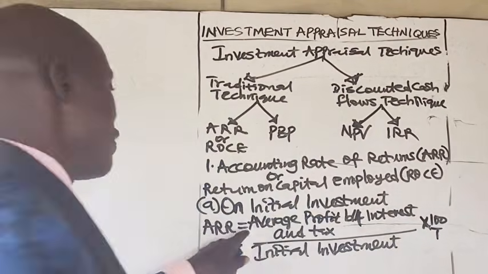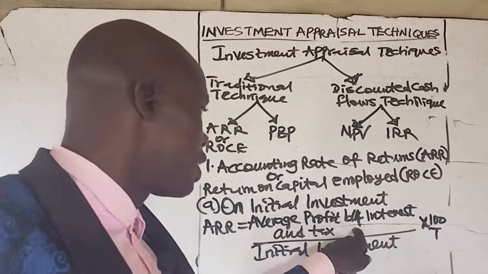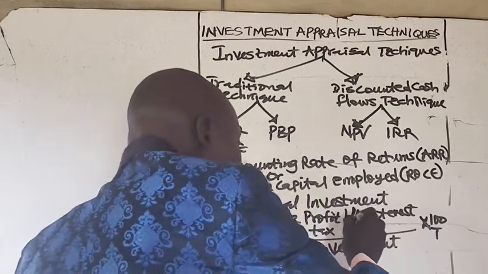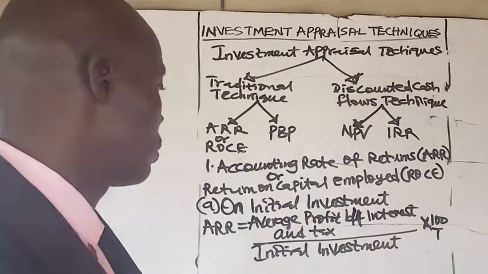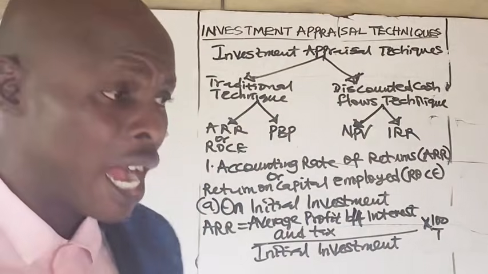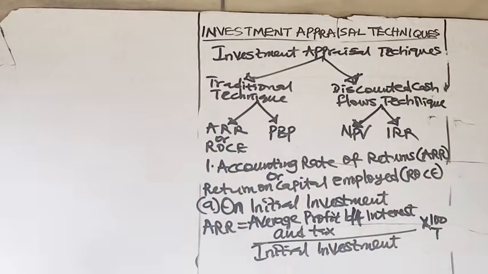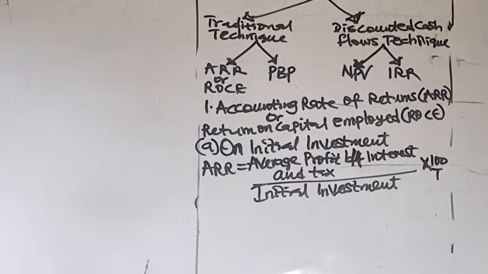Or you can say average annual profit before interest and tax over initial investment. That will give us the accounting rate of returns.